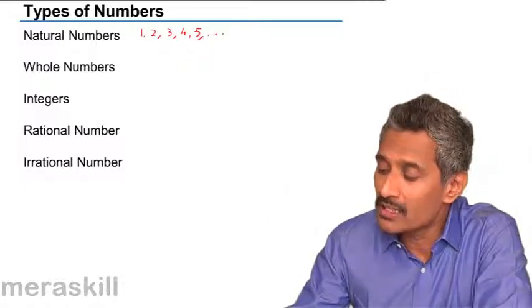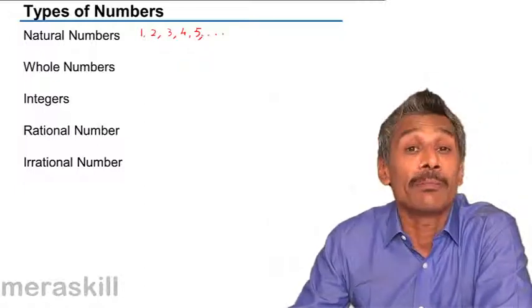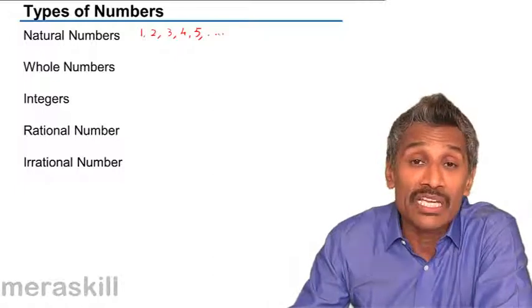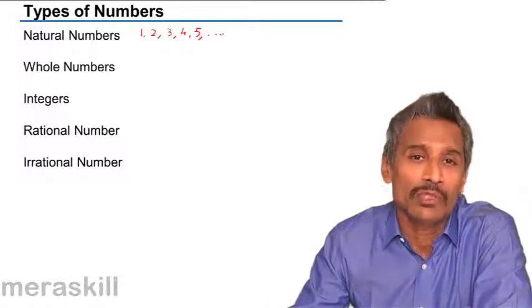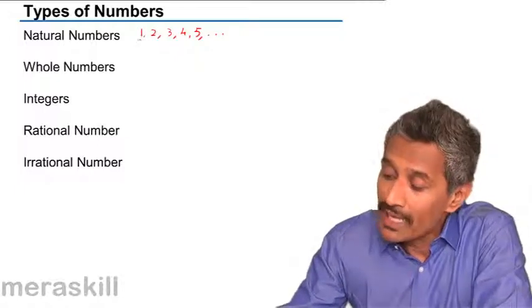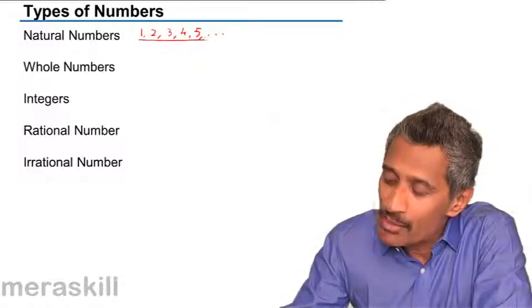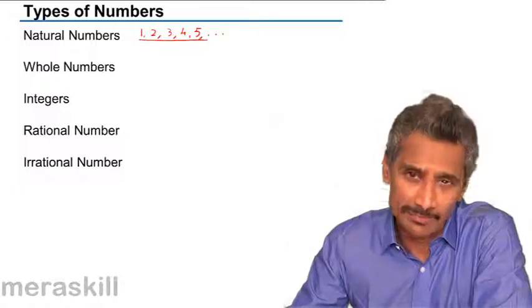So all these are the common counting numbers, the way man started counting the number of days or the number of trees and all. At that time the concept of zero was possibly not introduced. So we have the natural numbers as normal counting numbers.